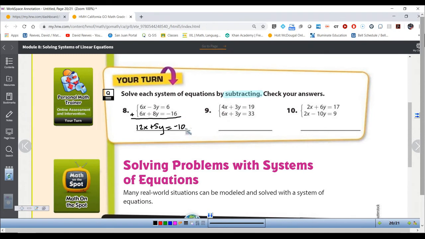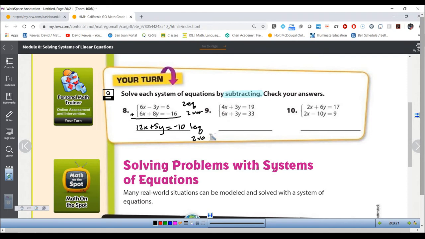So if you notice what happened, when I added them together, I got a third equation, and we know this is okay. We know this equation will still be true if these equations are true. And we know that whatever solution worked for this one and this one will also work for this one. But it didn't help us because we went from what? Two equations with two variables to one equation, but what's the problem?